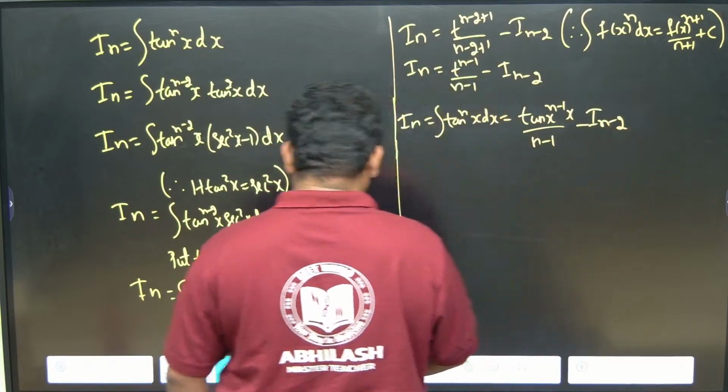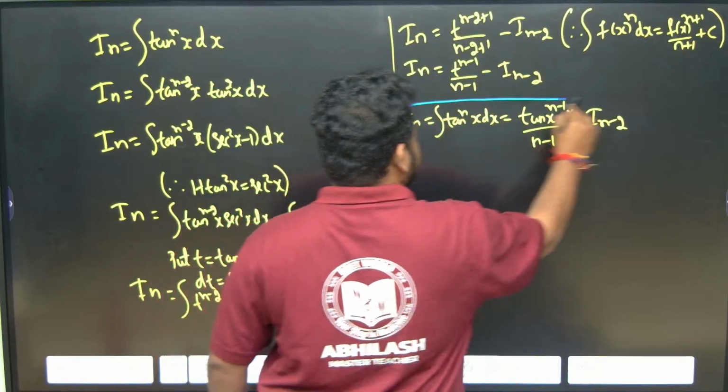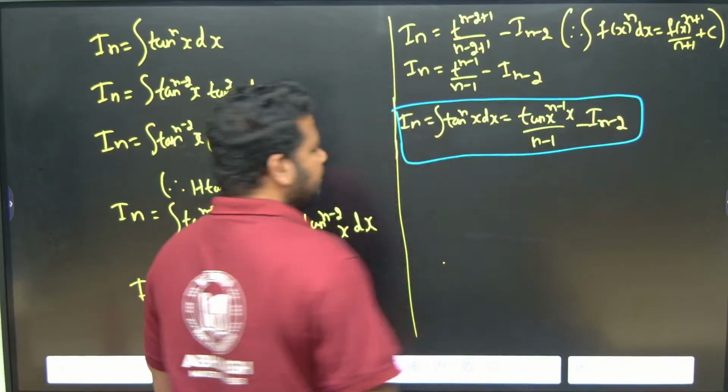So this is the complete reduction formula that is required for tan power nx.